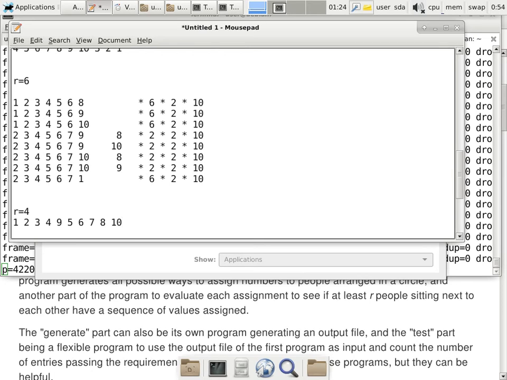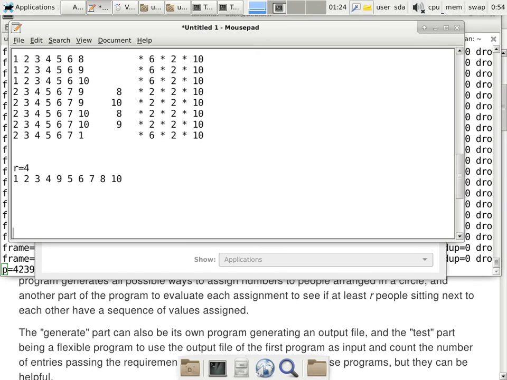Now, there's a problem with this one, because it doesn't really have 10 rotational positions anymore. Now, it does have 10 rotational positions, but by the time we get to starting with 5, 6, 7, 8, 10, 1, 2, 3, 4, 9, now we have a problem.